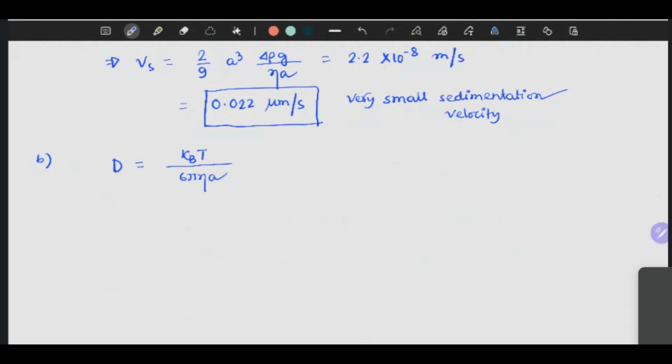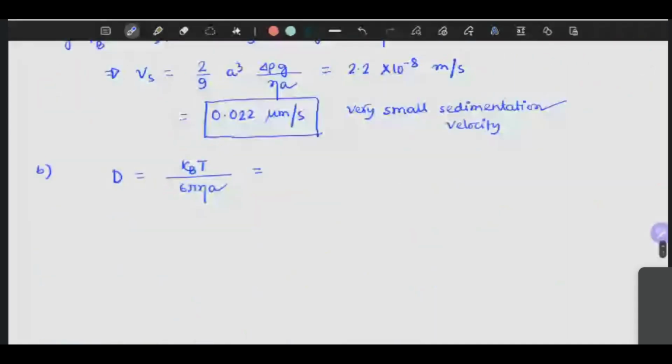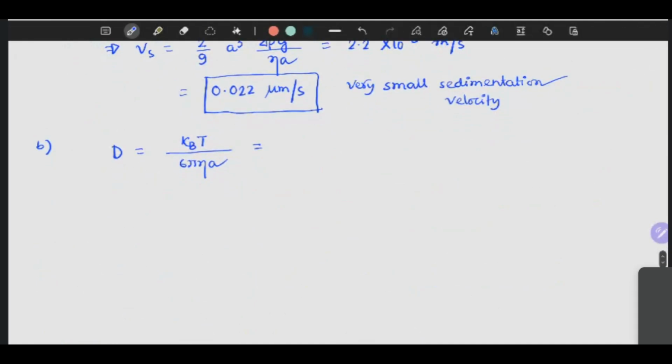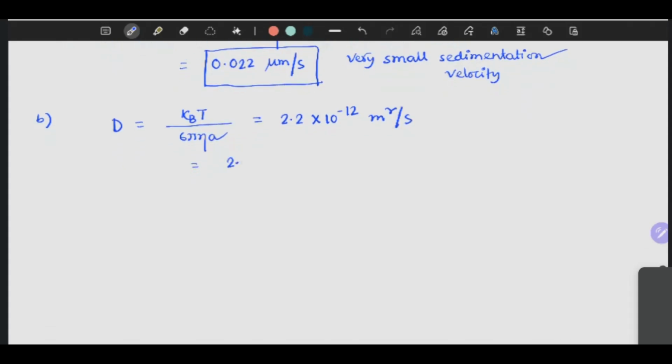If you substitute, taking the temperature as room temperature, that becomes 2.2 times 10 to the power minus 12 meter square per second, which makes 2.2 micrometer square per second.